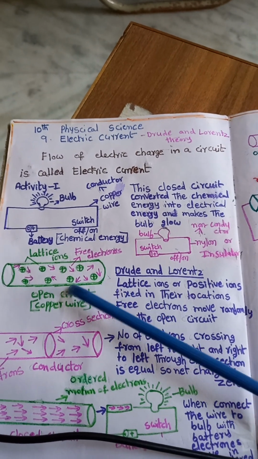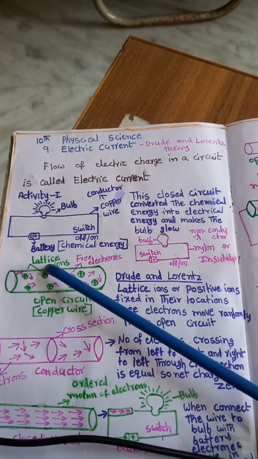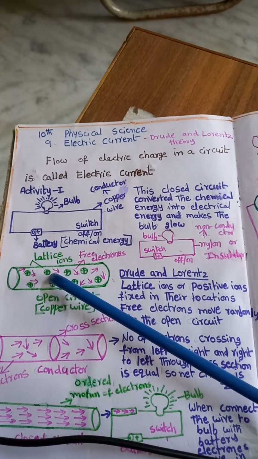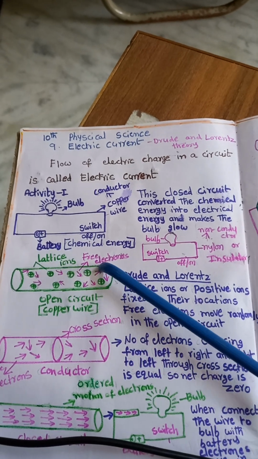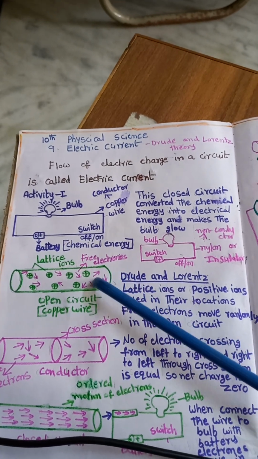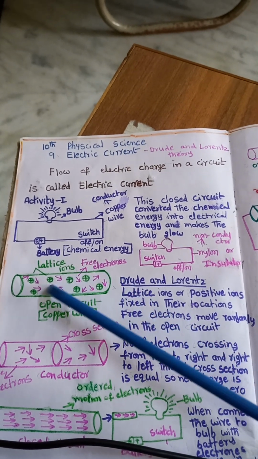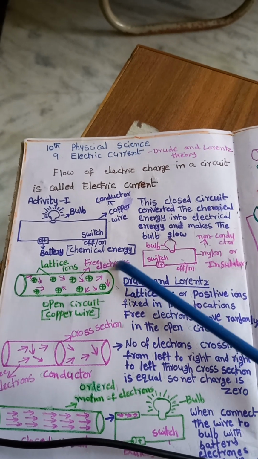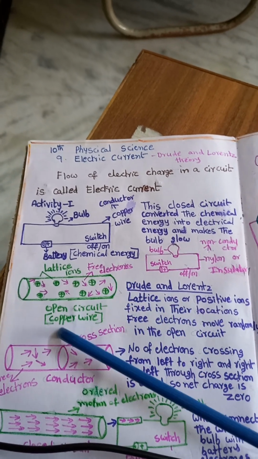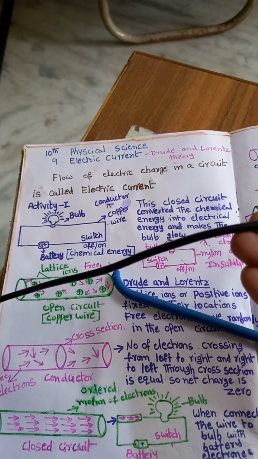The plus sign denotes the positive lattice ions, and electrons are denoted by a minus, and they move from one place to another place, so they are called free electrons. So here also we can see the piece of wire.